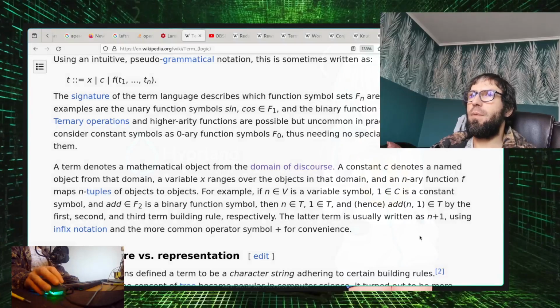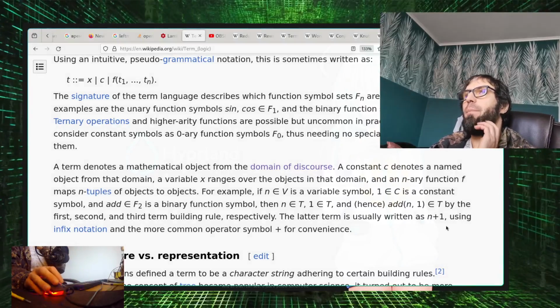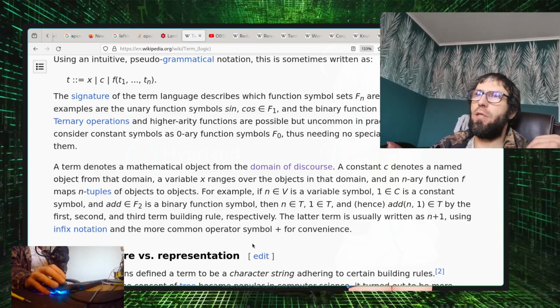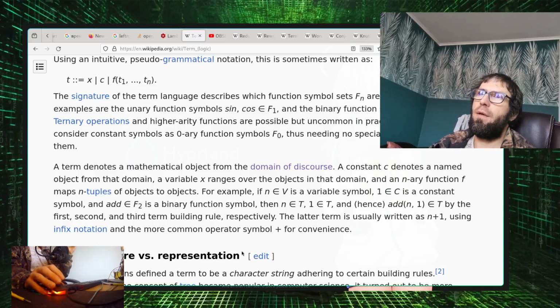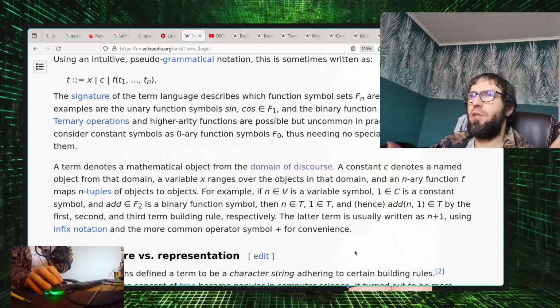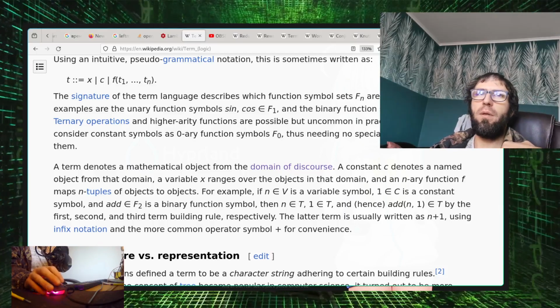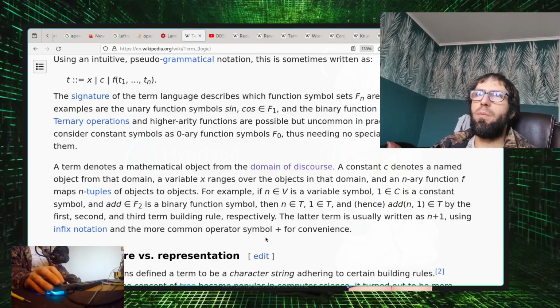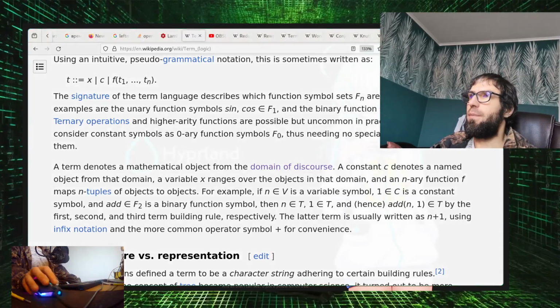And this term is usually written as just n plus 1 using the infix notation. So we replace this prefix notation with infix notation. We put this plus in the middle, using the more common operator symbol plus for convenience.